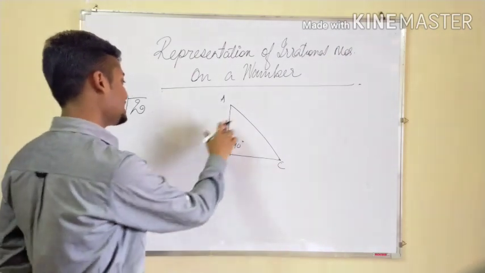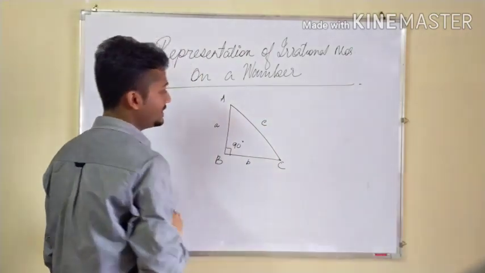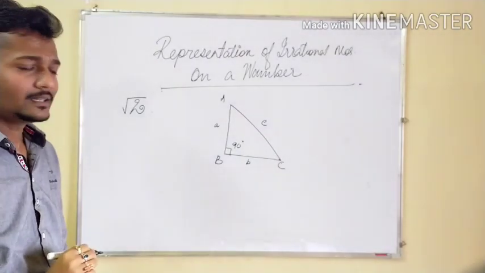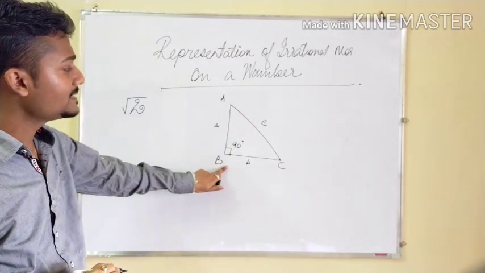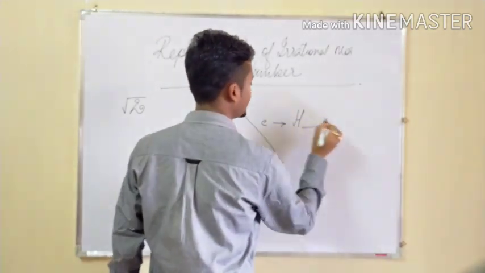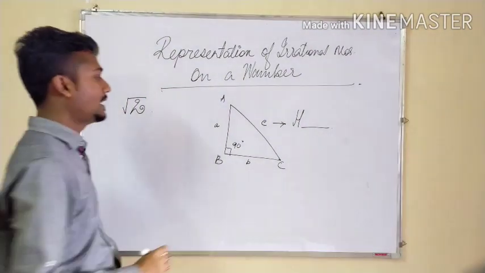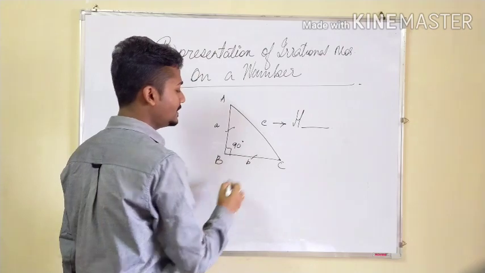Now let us represent the sides as small letters a, b and c. Angle B is 90 degrees, that means c is the hypotenuse. And this is the perpendicular and this is the base.